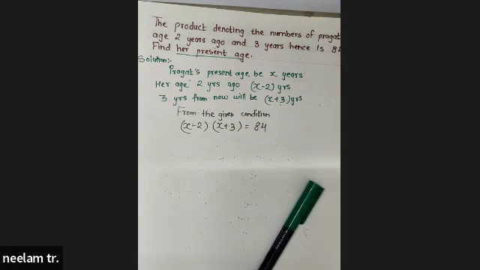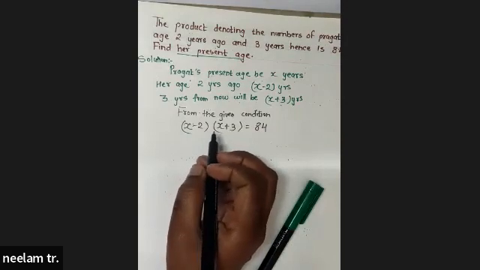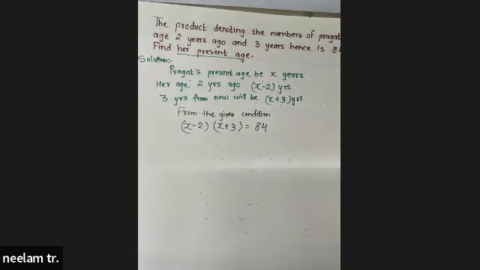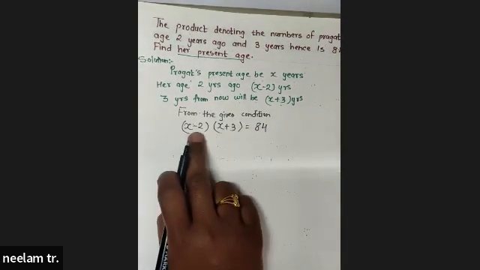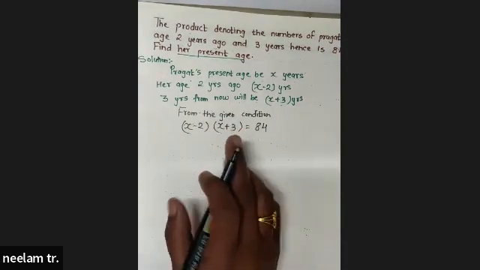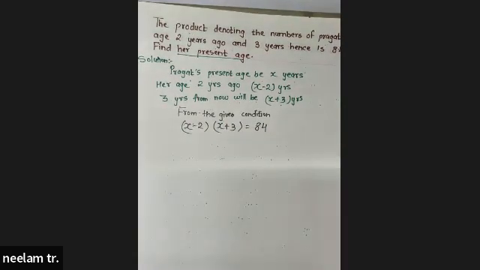Okay, so the next step is to solve this bracket. x you will multiply with the whole bracket, then minus 2 you will multiply with the whole bracket. What value will you get? Let's solve it.